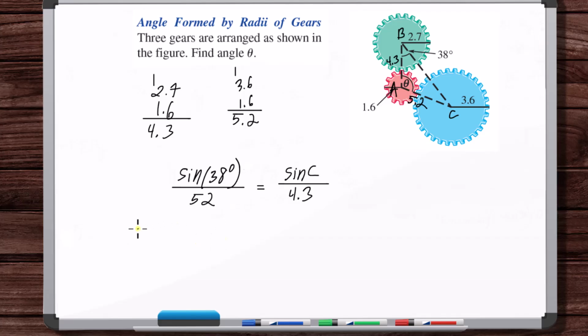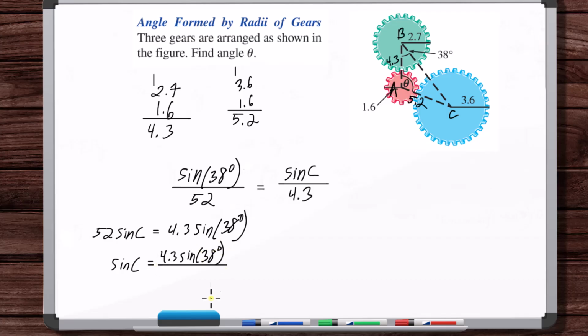Okay, so we've got, let's see, 5.2 sine of C is equal to 4.3 sine of 38. So sine of C is equal to 4.3 sine of 38 over 5.2.